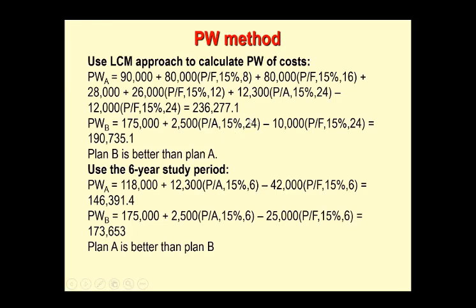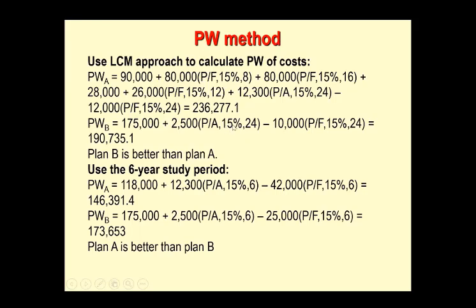What is the factor? Given A, find P. It is the uniform series present worth factor.